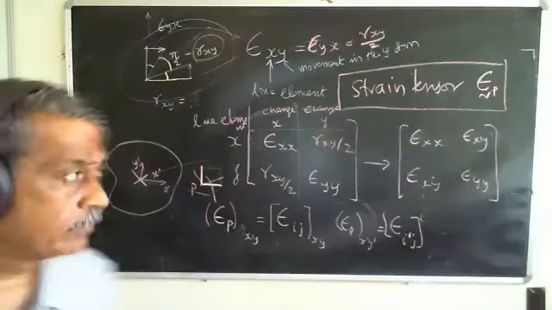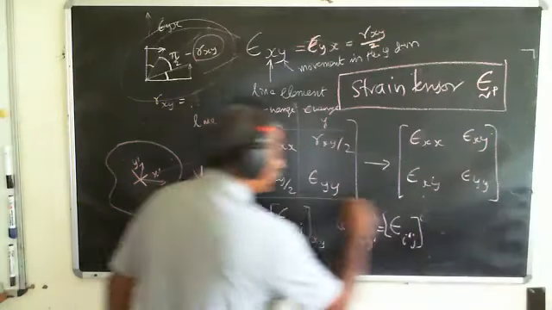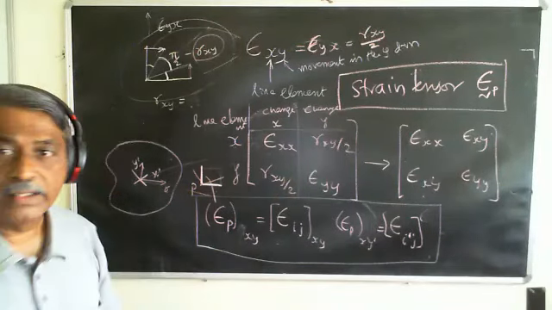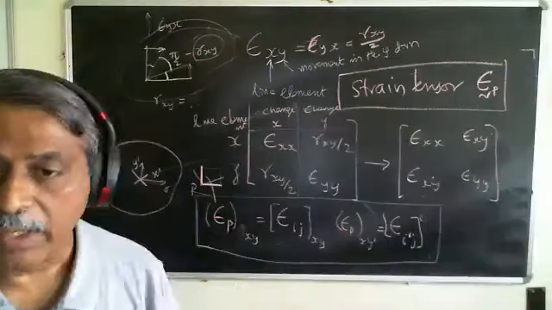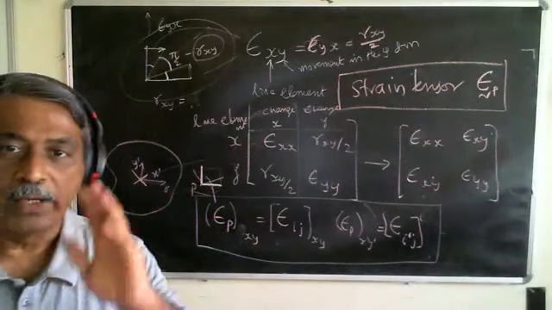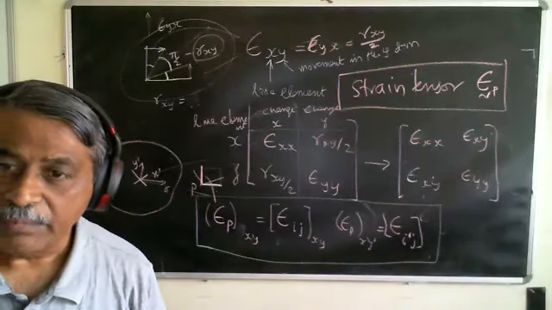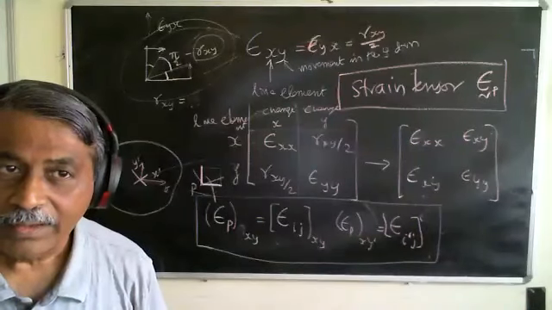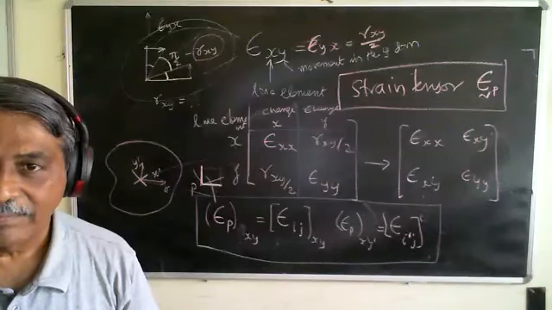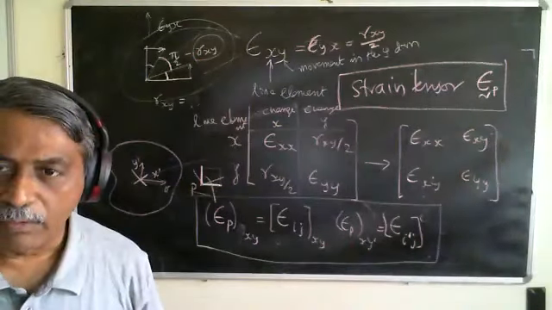Is this clear? And then we also said, okay, if we need the strains in the other directions, x prime, y prime, which is just rotated with respect to x, we can follow exactly the same thing that we did for stresses. The reason being, why is it that we follow the same thing?